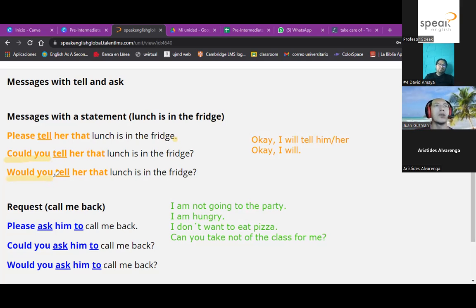Both are okay. It depends on how close you are to the person. For example, Juan, if you are my best friend and I've known you my whole life, I can tell you just, Juan, please tell the teacher that I'm not going to go to the class.